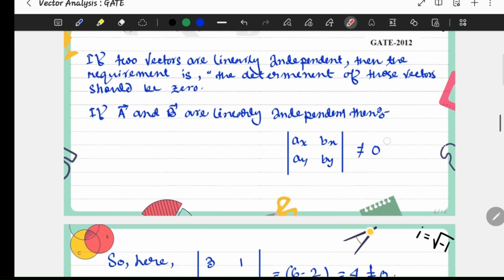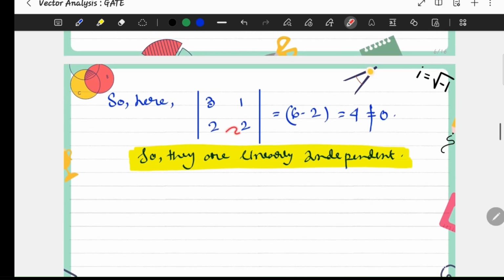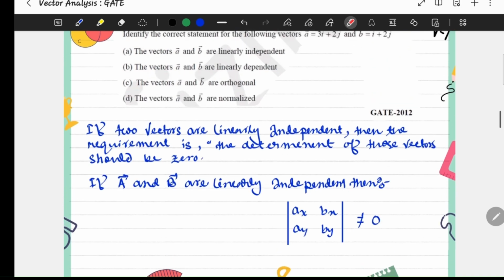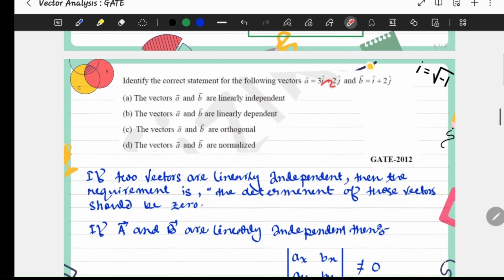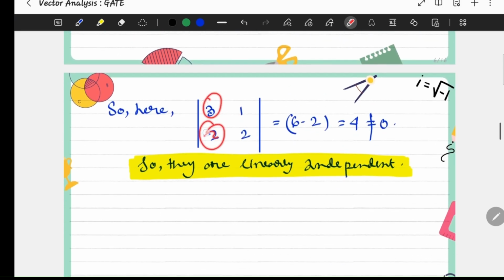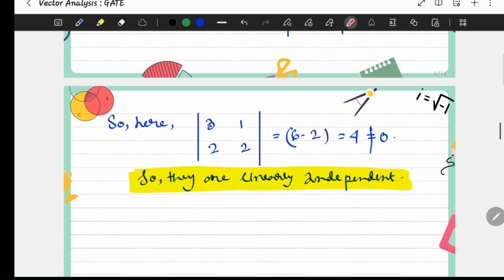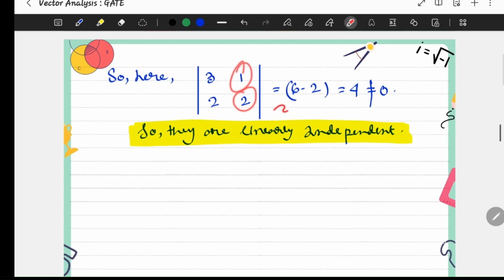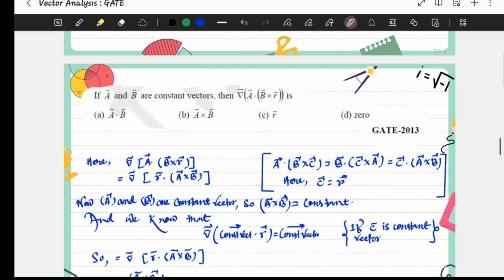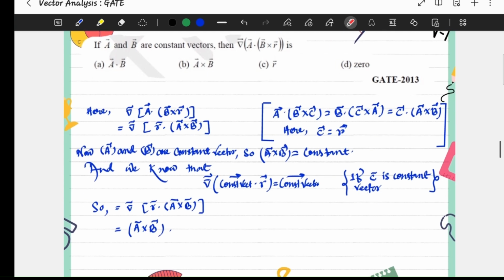And if it is 0, then it is linearly dependent on one another. So here I can write ax, ay, that means 3, 2, and the second one is 1, 2. If we calculate this, it is not equal to 0. So they are linearly independent. ठीक है, समझ गए?